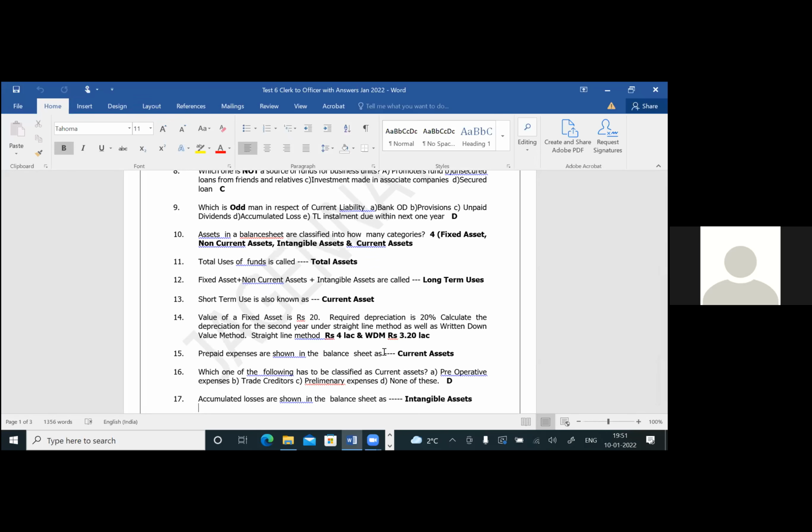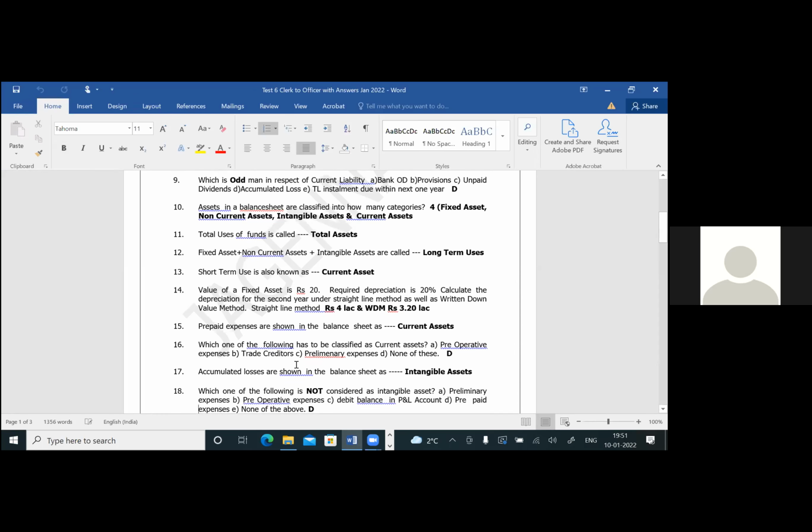For your locker, you are taking 1 year deposits or 1 year rent in advance, isn't it? After 3 months or 2 months, he comes and closes. For 1 quarter, you will subtract. For the remaining 9 months, you will reimburse to him. That is a prepaid expense. Prepaid advance he has made. So prepaid expenses are shown in the balance sheet. The money should come to him as current assets. Prepaid expenses are shown in the balance sheet as current assets.